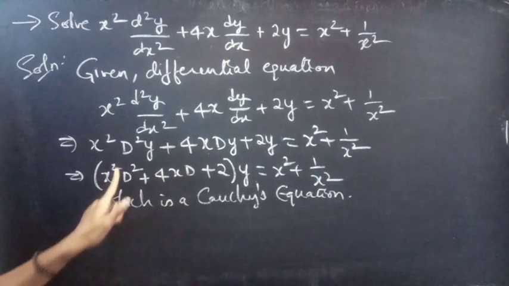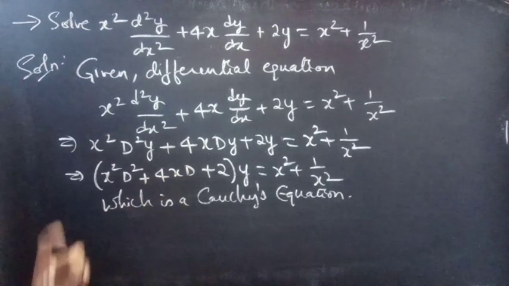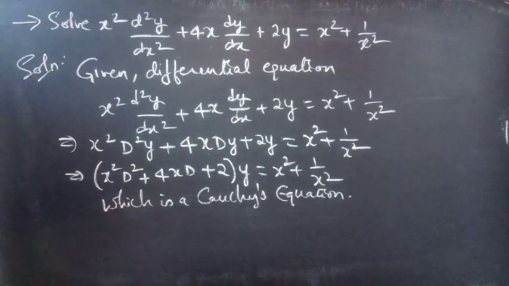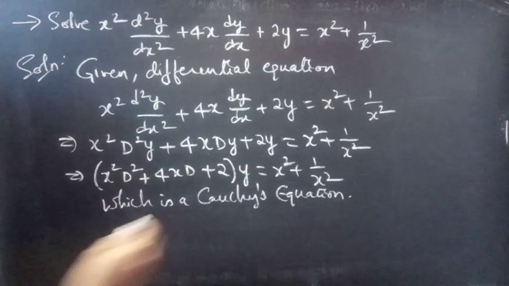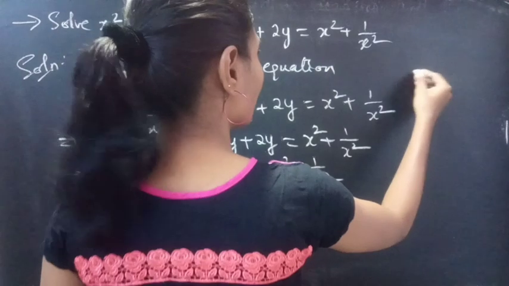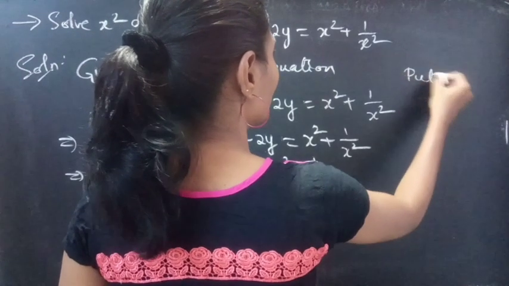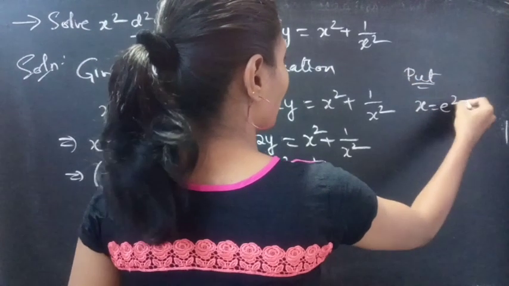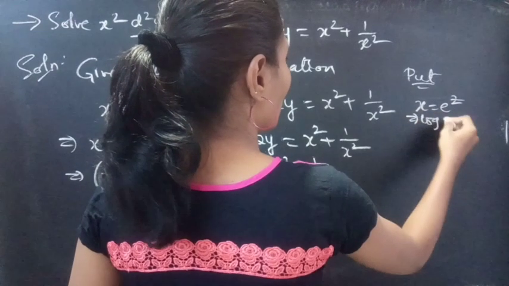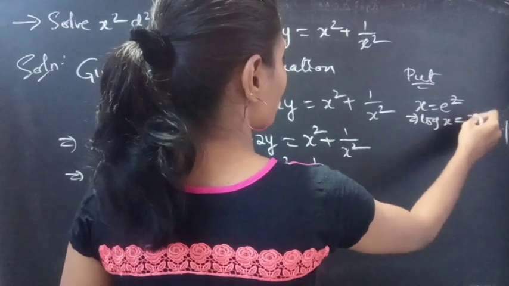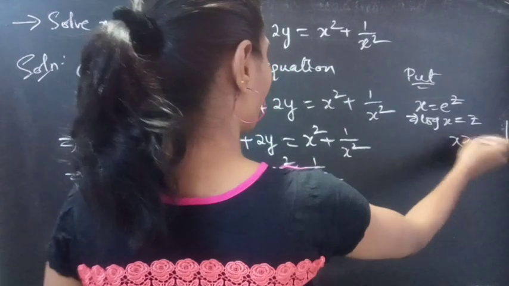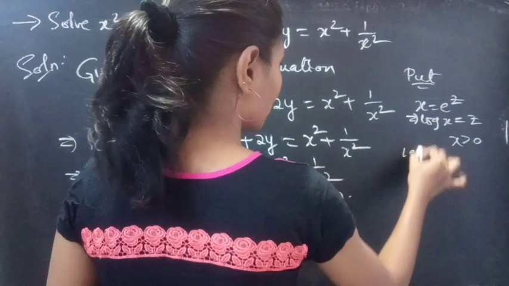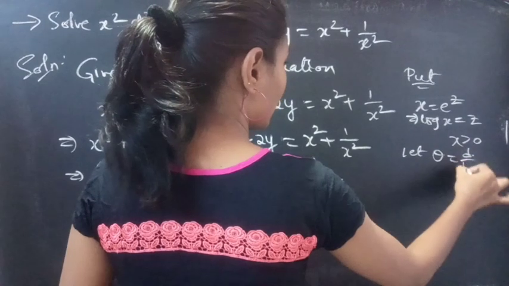We have variable coefficients here, so the equation will change to a linear equation with constant coefficients simply by making a substitution: x equals e power z, then log x equals z for x greater than 0, and let theta equal d by dz.